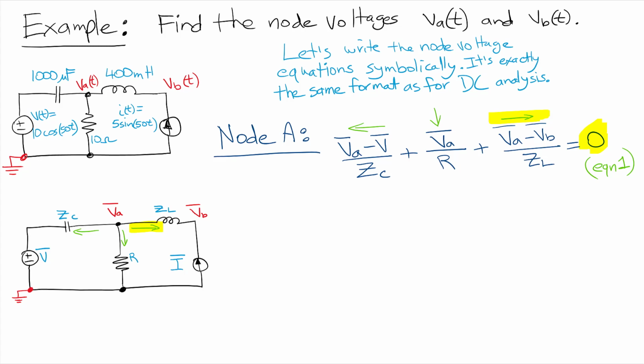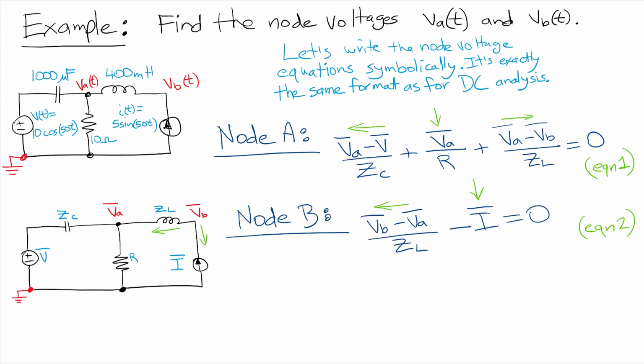We're going to do node B. So node B follows the same pattern, and we see there's only two currents. We have one current going to the left, that's this one. So it's just VB minus VA divided by ZL. So that's exactly the same pattern that we would have seen in DC circuit analysis. And then we have the current flowing down into the current source.